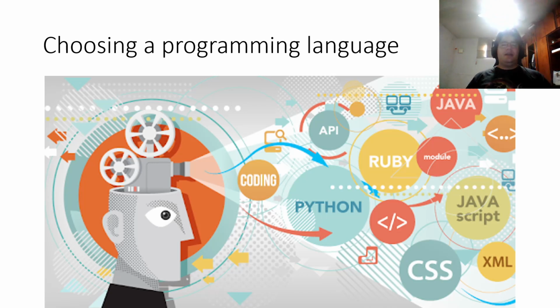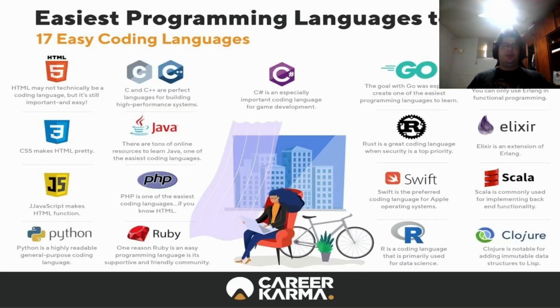And okay, so we know that we have algorithms that we want to create to solve problems of everyday life. But we can do that using lots of programming languages. We have languages like C Sharp, Swift, R, Ruby, Python, JavaScript.